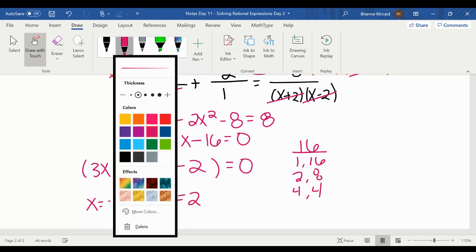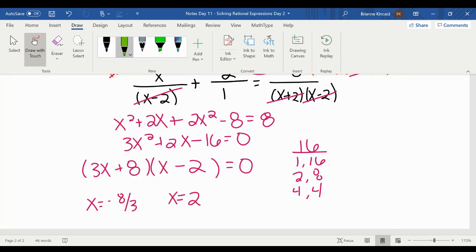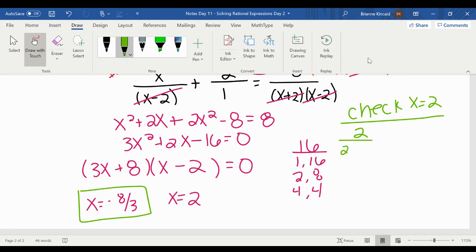I will tell you that positive 2 does not work. Negative 8/3 is the only solution that we have. And the reason why is when I go back to check 2, when I plug this in, I am going to get 2 over 2 minus 2 plus 2 equals 8 over 2 squared minus 4.